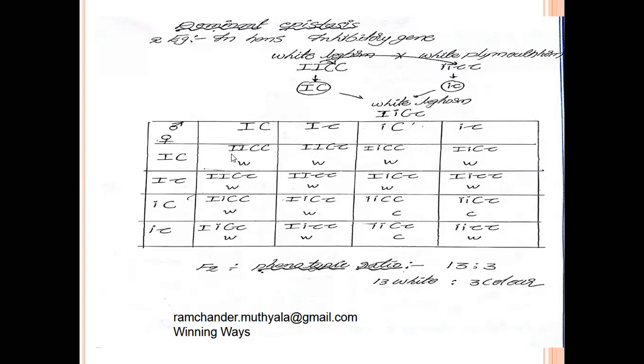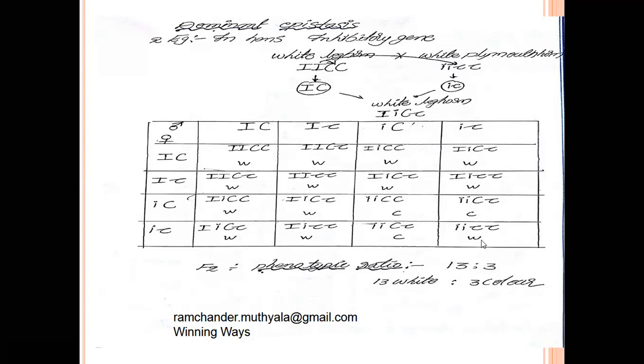See here, if capital I is in homozygous or heterozygous condition, all these zygotes contain the capital I gene, so they express white-colored hairs like the white leghorn. In the last box of the Punnett checkerboard, small i, small c, these also express white-colored hairs like the white Plymouth Rock.